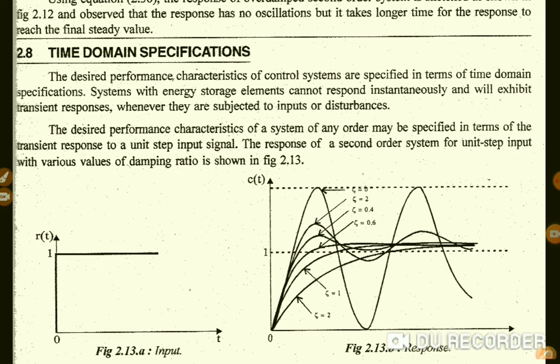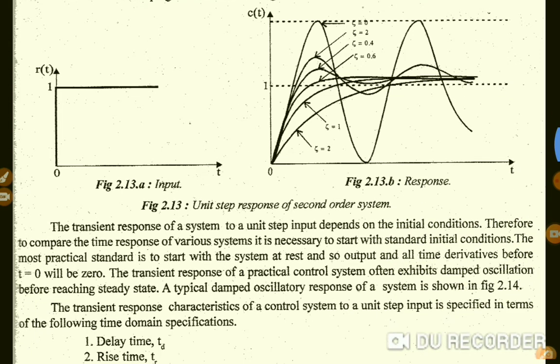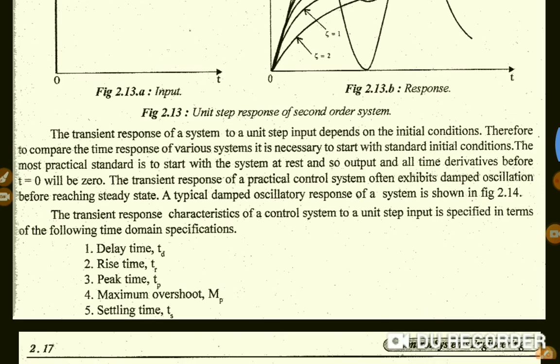Transient response means the time varying response. The transient response of a system to a unit step input depends on initial conditions. So, to compare the time response of various systems, it is necessary to start with standard initial conditions.